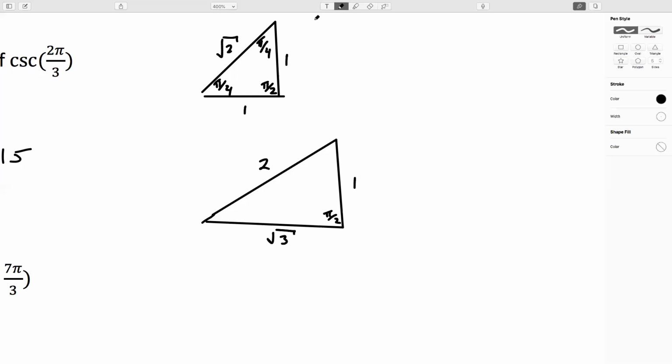So this triangle is the same, but it's now got radians instead of degrees. Instead of 45, we have pi over 4. This one's the same kind of idea, but we have to convert 30 and 60 to radians. 30 is going to be pi over 6, across from the smallest side, and pi over 3 is going to be 60 degrees.